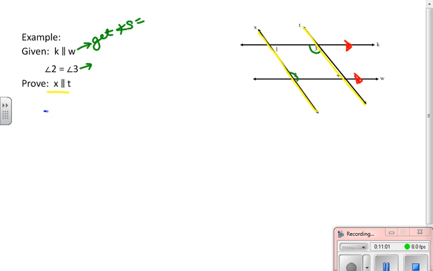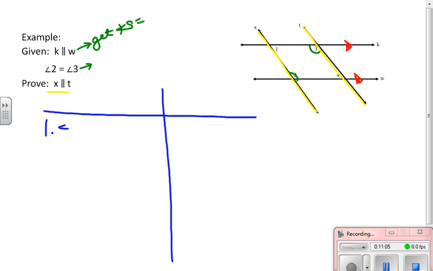So where do I start my proof? I always start with the given. K is parallel to W, and angle 2 is equal to angle 3. That's my given. Parallel lines give me equal angles.